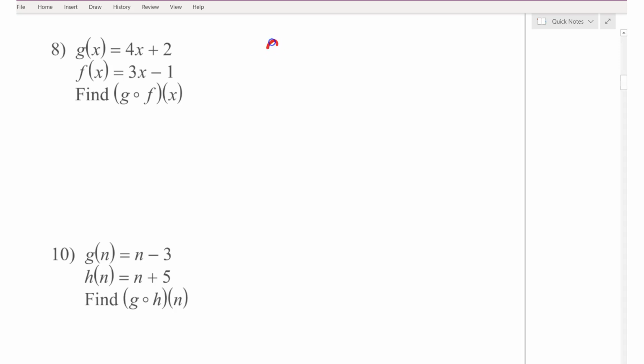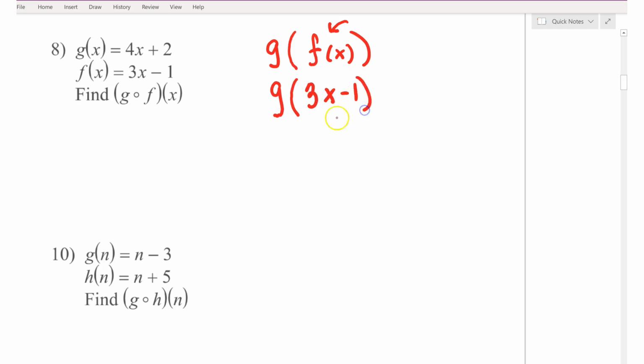Number 8, we have g composition f of x. So now f of x will be the input for g. So we have g, the input is f of x. In this case, it's 3x minus 1. This is your input, and we're going to use function g as our process.